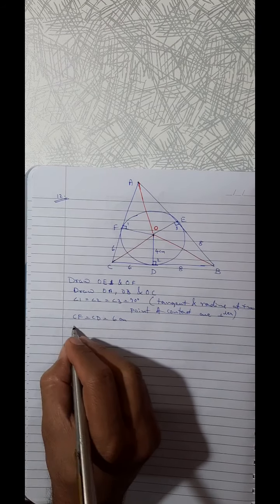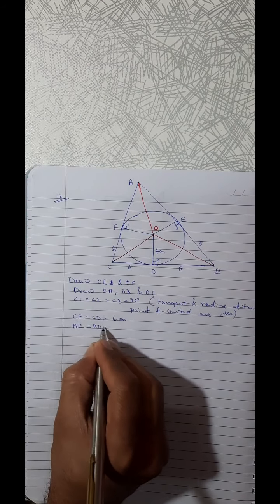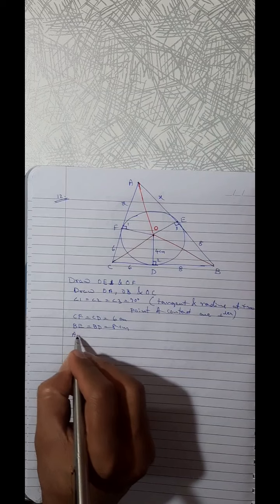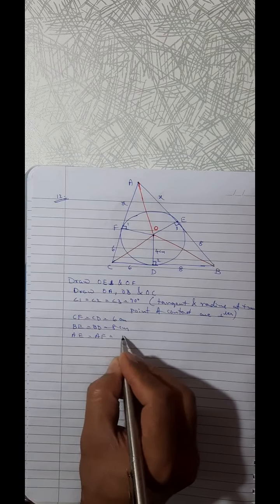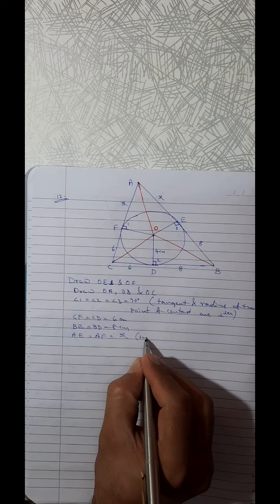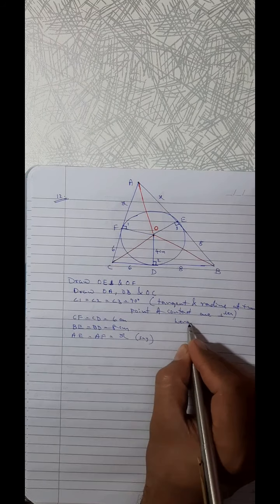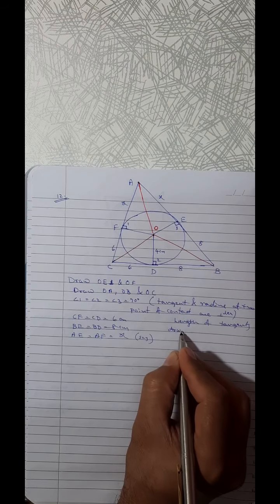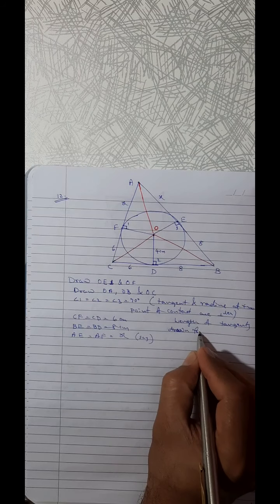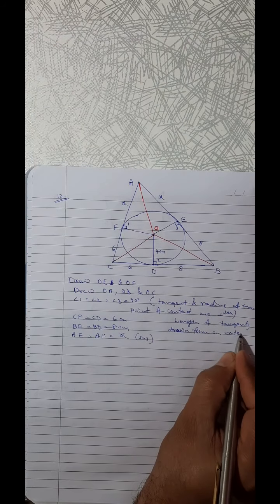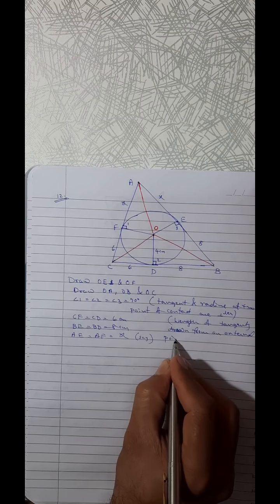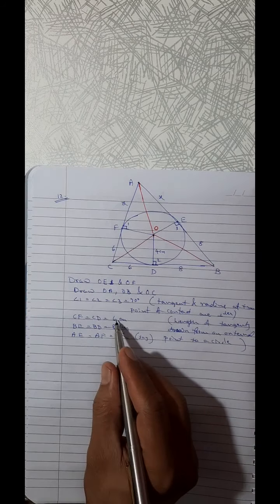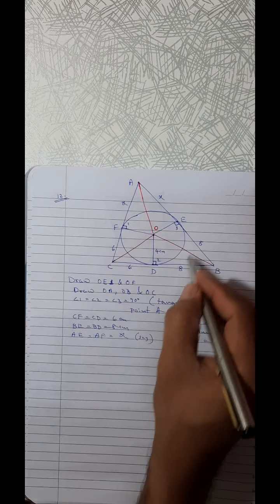BD and BE are equal, so BE equals BD equals 8 centimeters. AE equals AF, both are equal, so we take them as X. For all these, the reason is length of the tangents. So all these are 6, 6, 8, 8, and X and X.